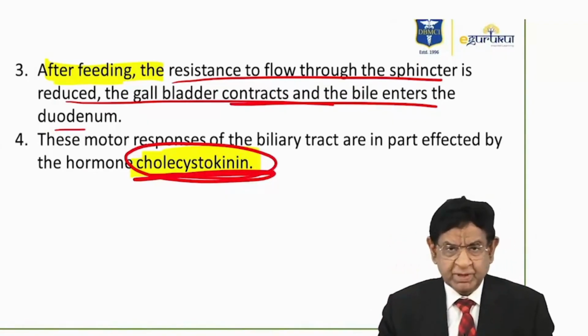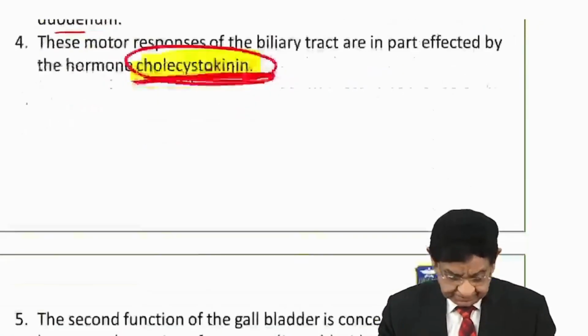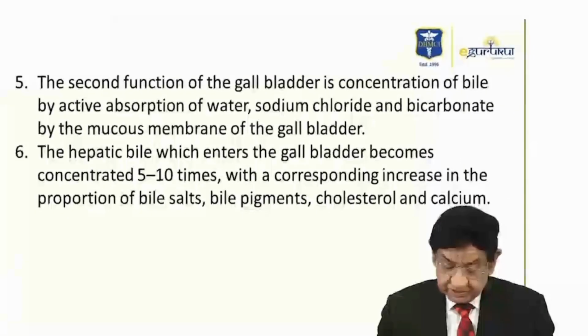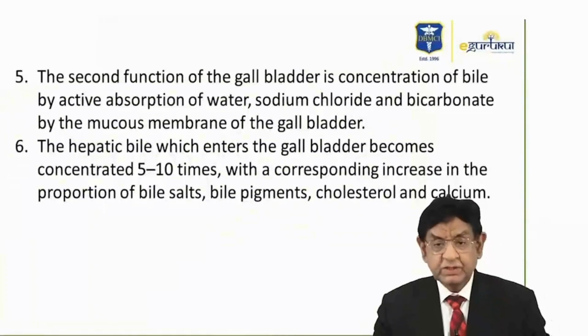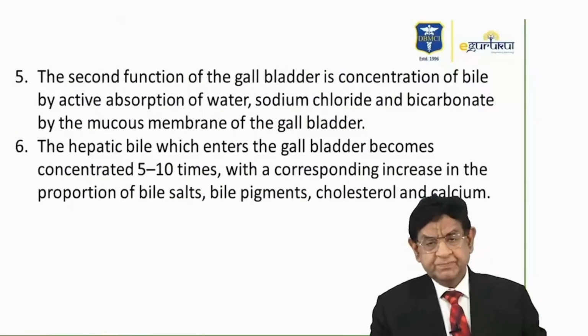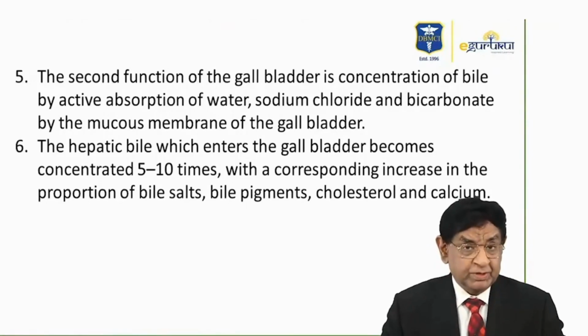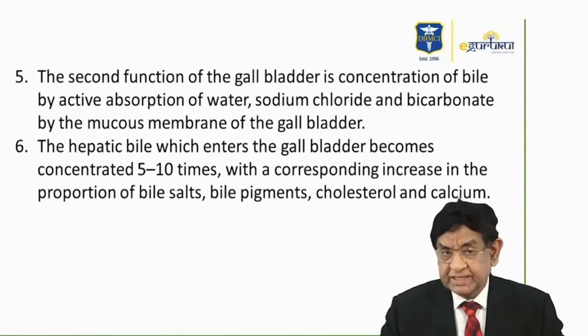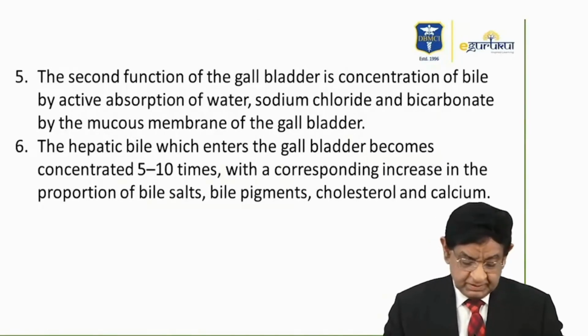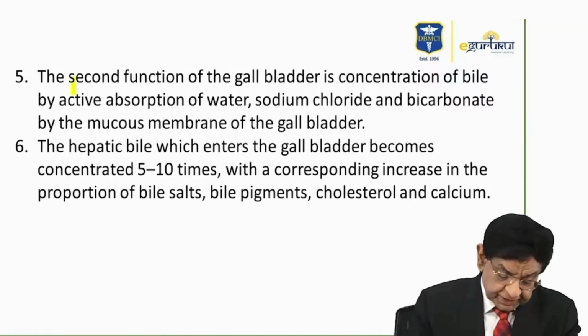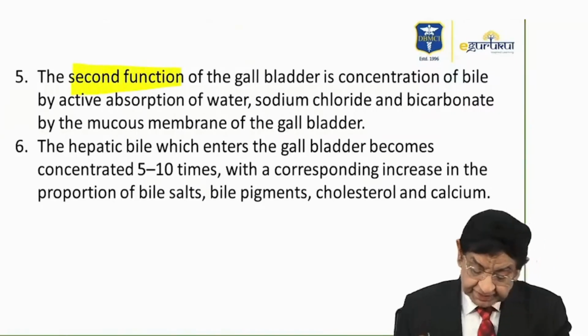Four keywords to remember in these two slides. This was one function. Bile salt is the most important thing involved in the digestion of fat. Done. Now the second function, there is one more function of the gallbladder.